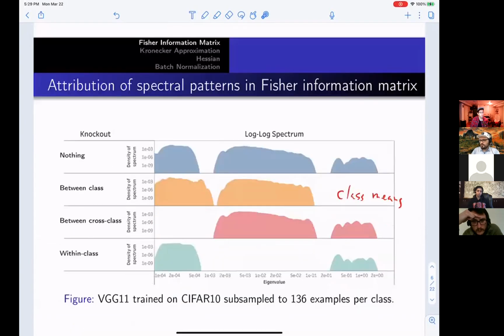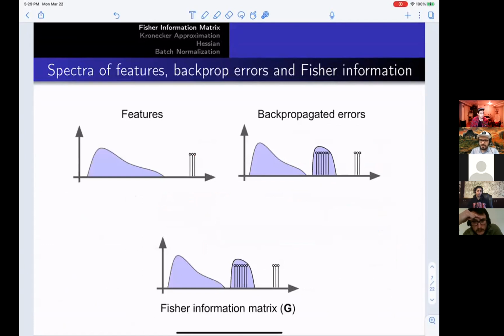Attribute different parts of the spectrum to different quantities in this decomposition in the previous slide. So let me just show you what's important to understand. What's important to understand is that we have too many spectra at this point. So here's a summary. This is the spectrum of the features that we talked about 2 lectures ago. The spectrum of the features has a bulk and a set of outliers. The outliers are due to feature class means. Then you have the spectrum of the backpropagated errors.